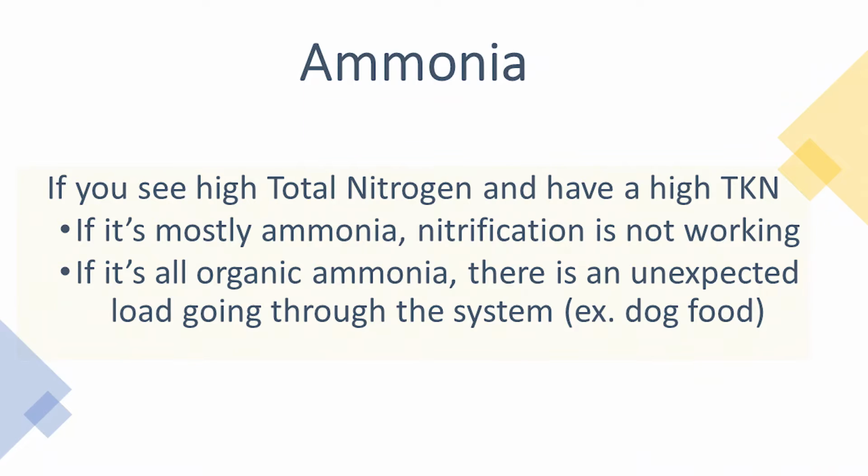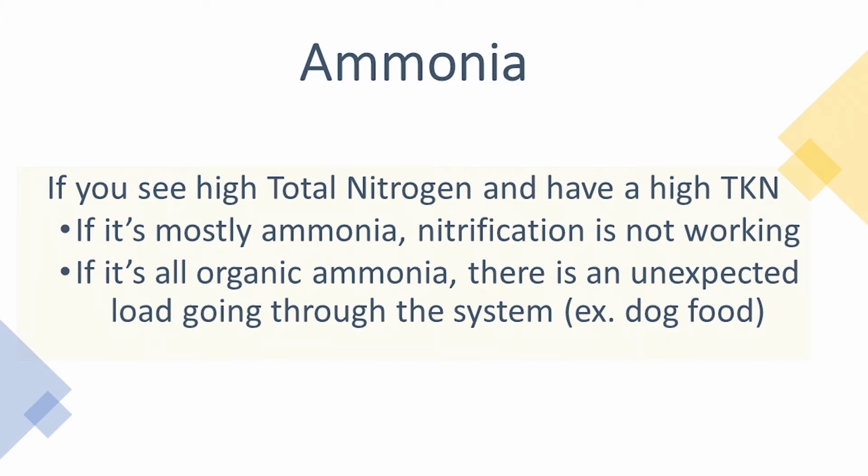And that will indeed tell you your total nitrogen picture. But if you break that down a little further and look at each of the components, you might get a hint at how your unit is really operating. One example would be ammonia. If you see a high total nitrogen and you look and it's TKN, you might want to know, is that mainly ammonia, which means my nitrification isn't working?